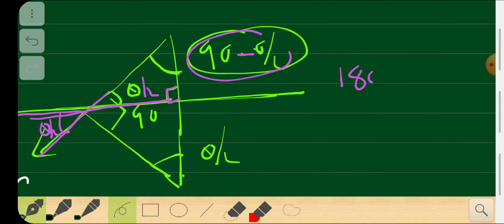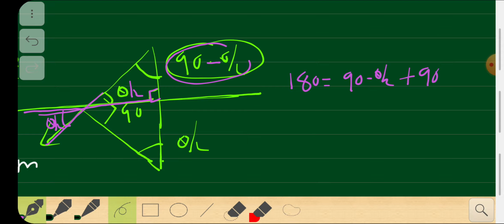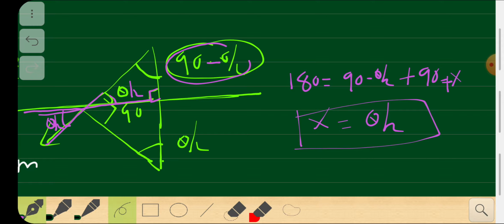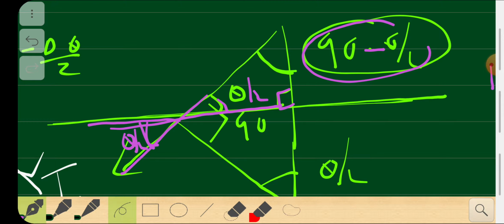So 180 degrees equals 90 minus theta by 2 plus 90 plus this new angle x. So x will be theta by 2, and the angle on the other side will also be theta by 2.